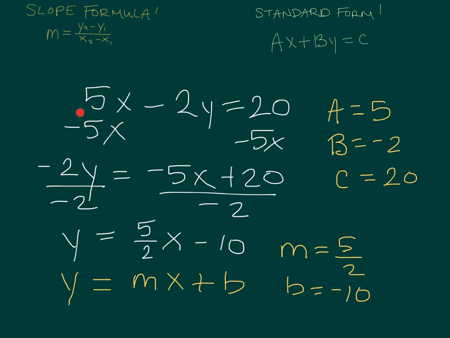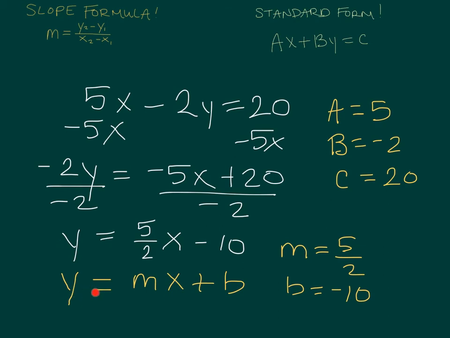So we've got this original linear equation. It's in standard form. I want to know the slope. I can't see the slope just by looking in this form, so I decided to solve for y. Here's y.